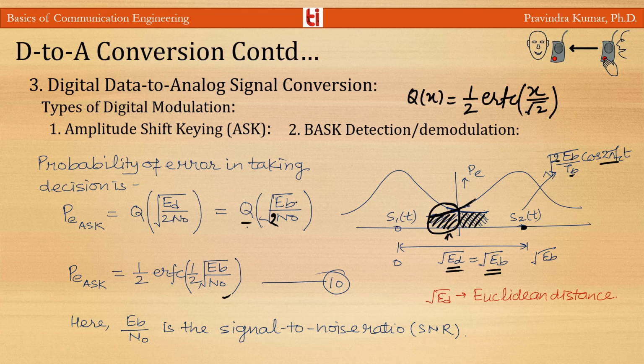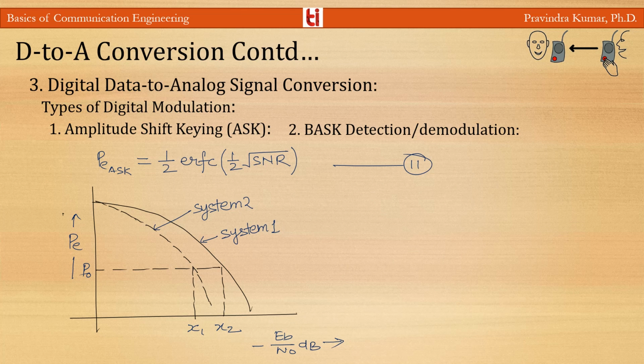So the probability of error for ASK is 1 by 2 ERFC of 1 by 2 root SNR.